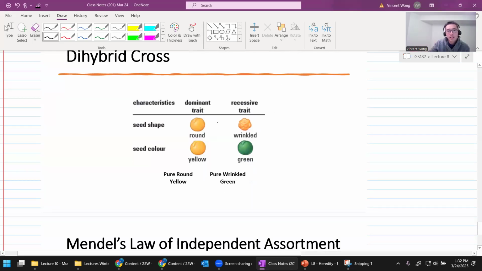So let's write some letters. Let's look at the seed shape. What alphabet should we use to represent the seed shape? We have two shapes here, round and wrinkled. What should we use for each?